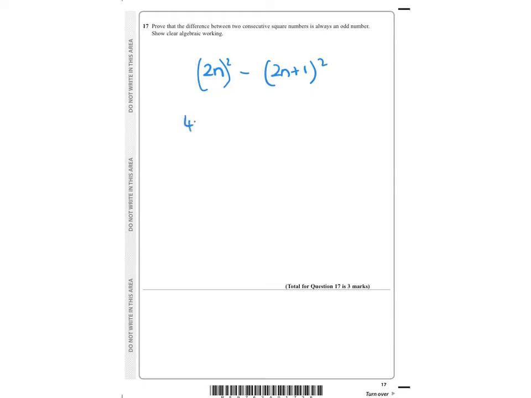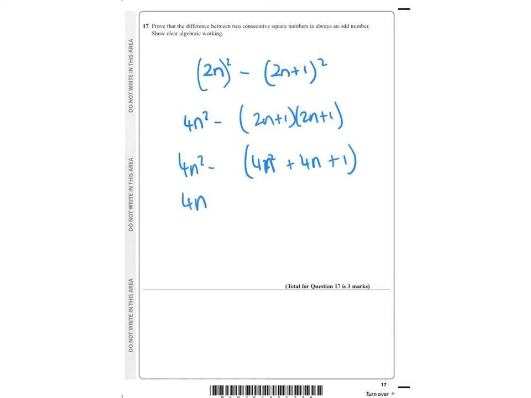So I'm going to get (2n plus 1) squared minus (2n) squared, which is 4n squared plus 4n plus 1 minus 4n squared. These two are going to cancel, leaving 4n plus 1.